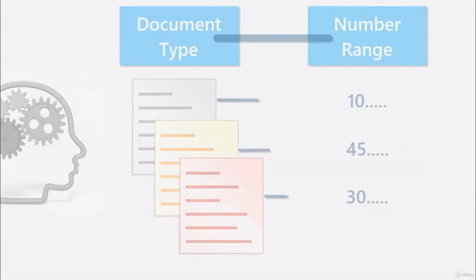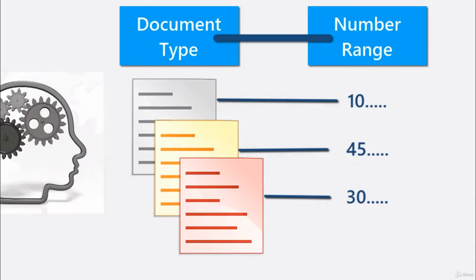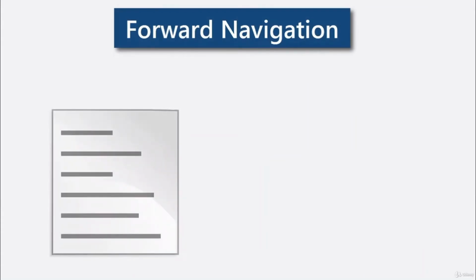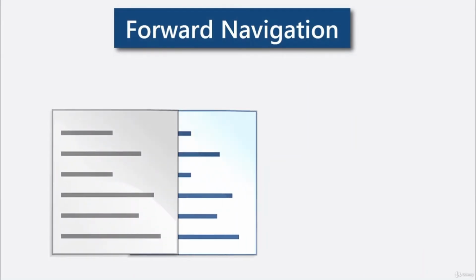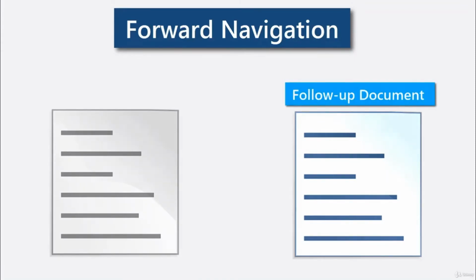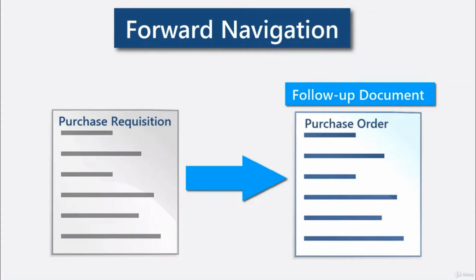Once you know the connection between document types and number ranges, it's time to look at the forward navigation. A document that is created on the base of a preceding document is called a follow-up document. For instance, the contents of a purchase requisition can be copied into a purchase order, which is then the follow-up document.